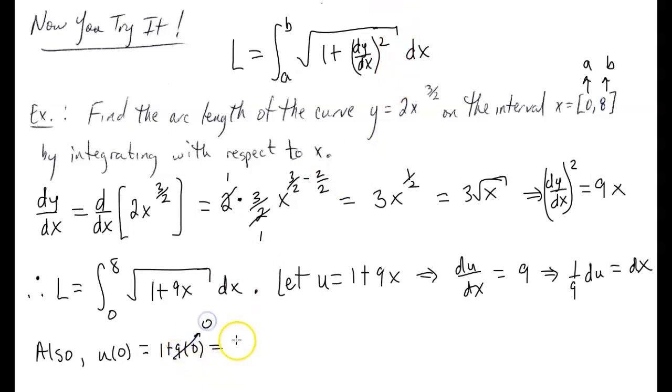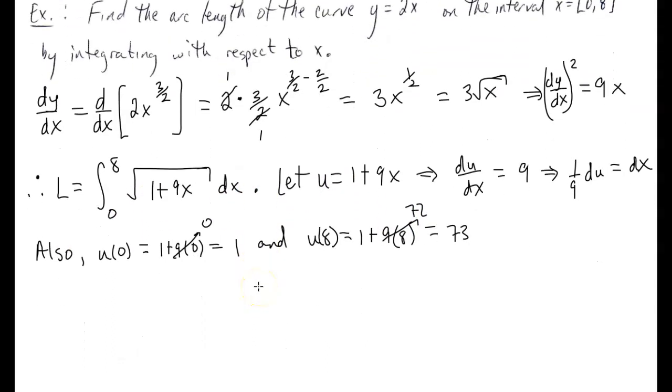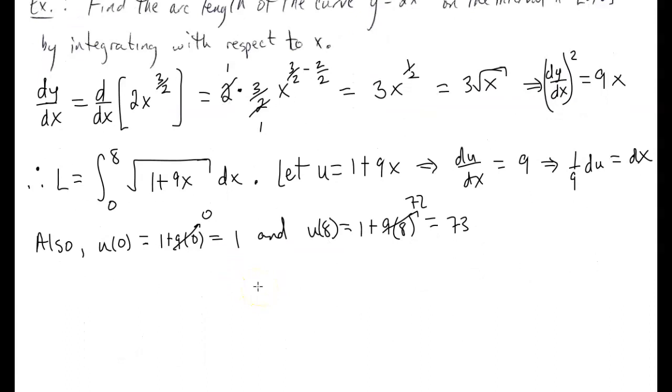And we know that u of 8 is going to be 1 plus 9 times 8, and that will give us 73, since 9 times 8 is 72. So now that we have all that together, we can rewrite everything for this definite integral in terms of u, and then figure out our answer here.